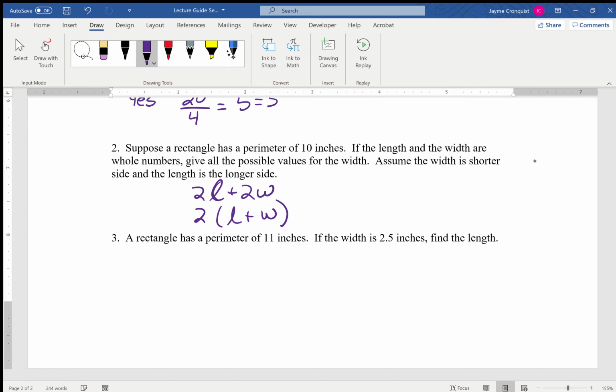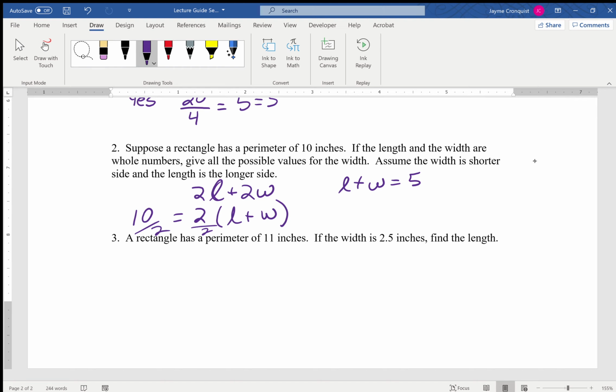Okay, so if that's true, and the perimeter is 10, if I divide both sides by 2, I know that L plus W has to equal 5. So if L plus W is 5, and L and W are both whole numbers, first off, I know one of them can't be 5 because a 0 width is not going to work.